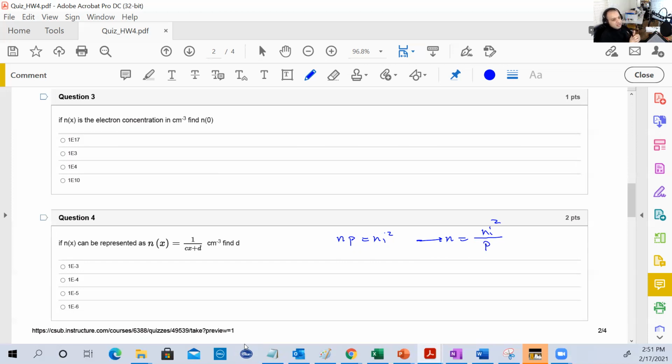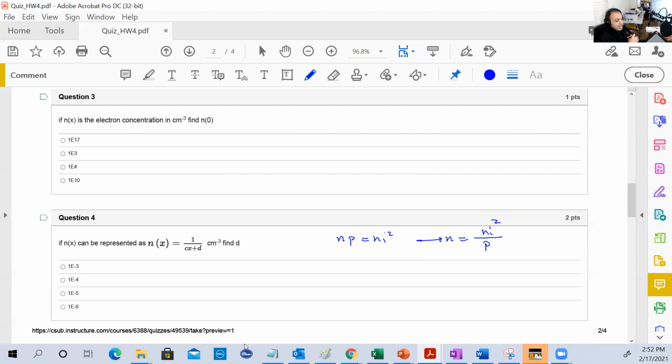For example, if P is equal to 10 to the power of 16, then N is equal to ni squared over 10 to the power of 16. So in our previous examples, P or N was constant, and we could get the other based on the known one.